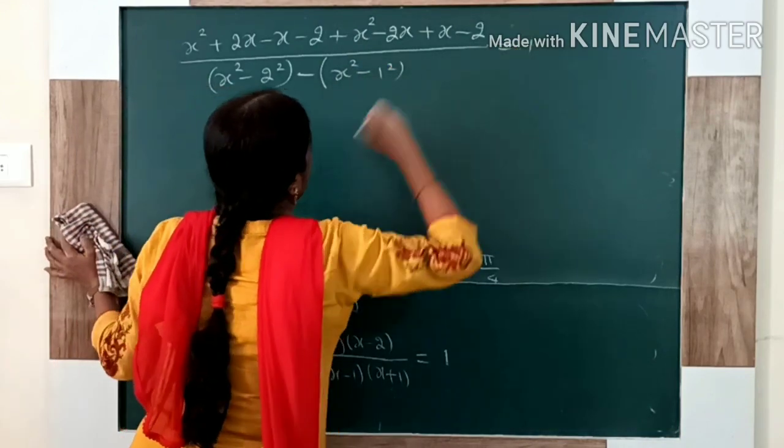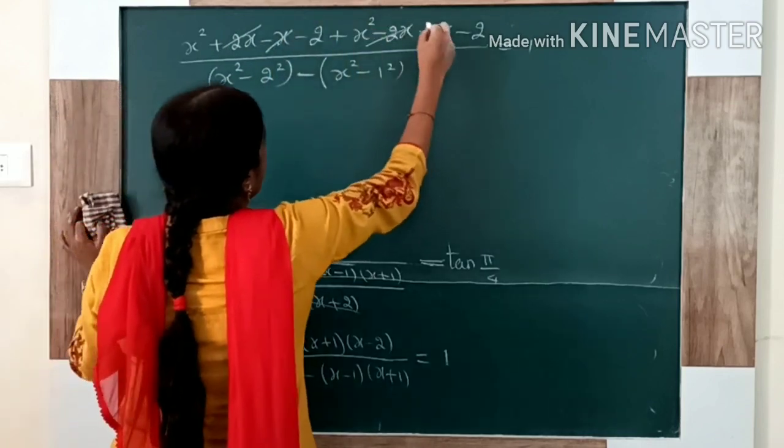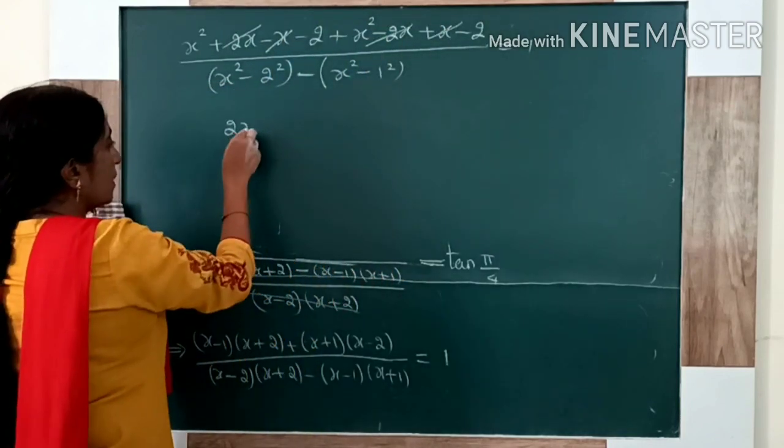And this is 1. In the numerator, go for the cancellation and add the remaining terms.